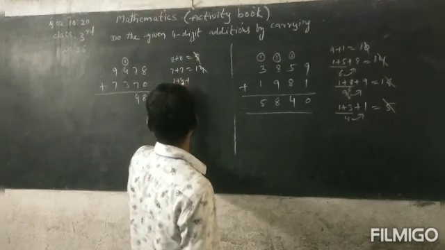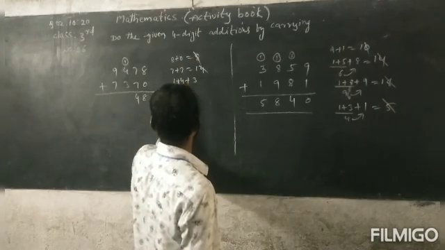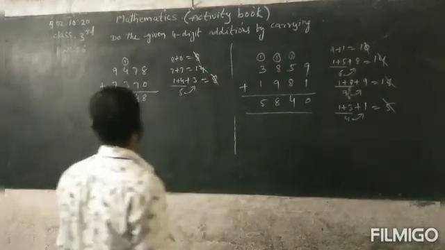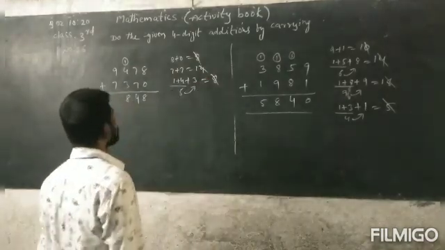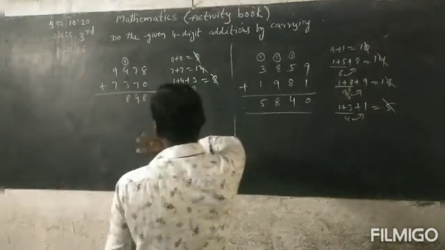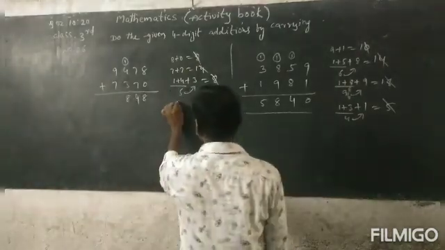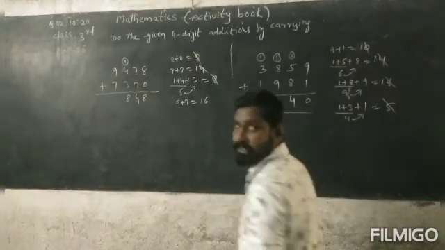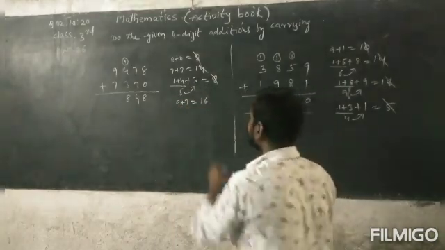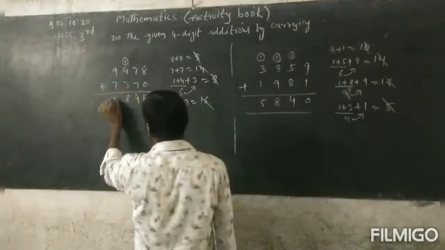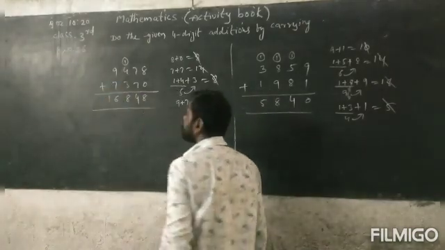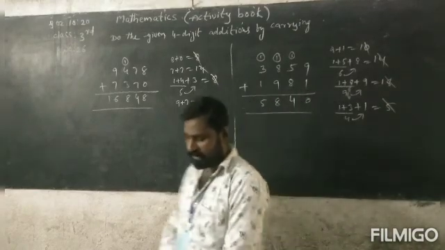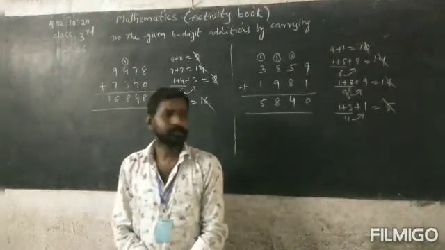Next, 1 plus 4 plus 3: 1 plus 4 is 5, 5 plus 3 is 8. Write it under the hundreds column. See, 8 is a one digit number, so there is no carrying. Next, 9 plus 7 is 16. Write 16 directly because this is the last column of the given numbers. The sum is equal to 16,840. So you can do the remaining problems at home.